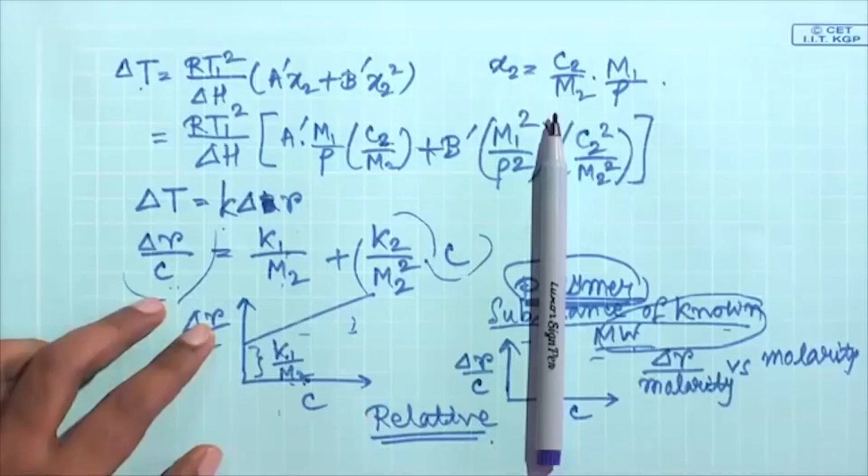So, the delta T value will become even smaller. Beyond this molecular weight, you cannot determine delta T, because delta T and correspondingly delta R will be so small you cannot measure. So, there is a limitation to all these methods.